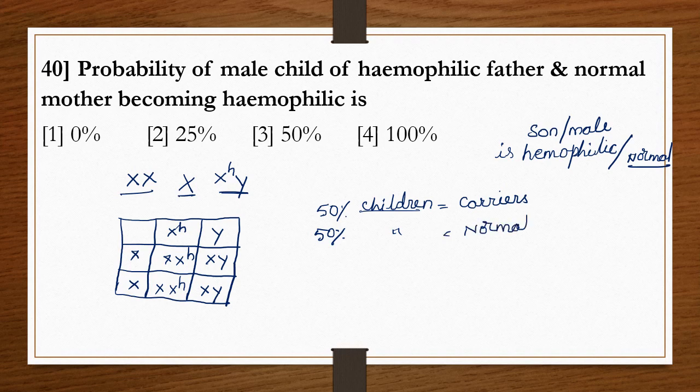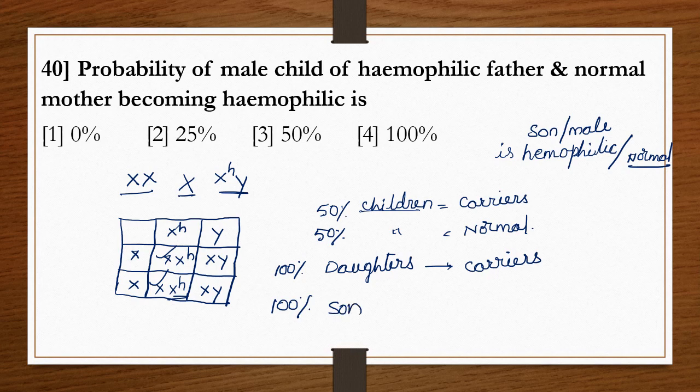In detail, 100% of daughters become carriers. Out of four children, two are daughters, and both of these daughters are carriers, and 100% of sons, the male children, are normal.